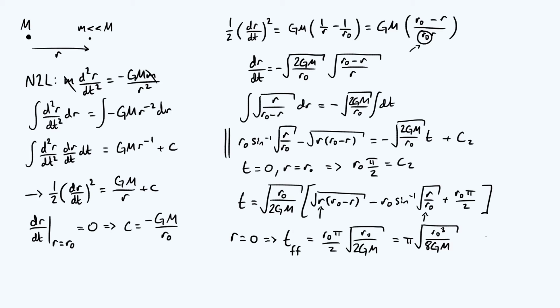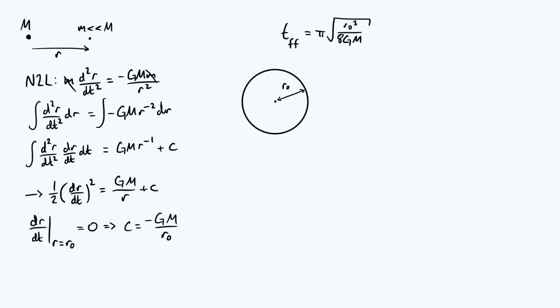So just to finish off, what's the relevance of this free fall timescale to the collapse of a cloud of gas? Consider that you've got a spherical gas cloud with a radius of r0, and let's say it has an initial density of ρ0.